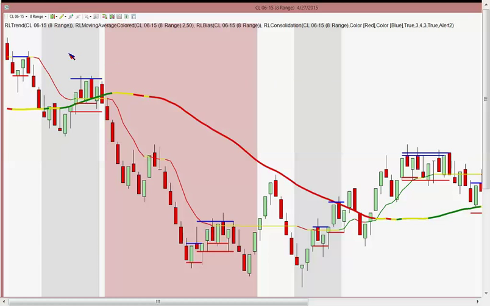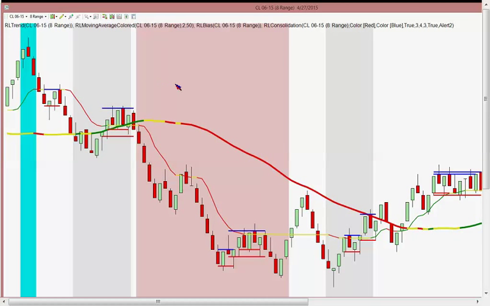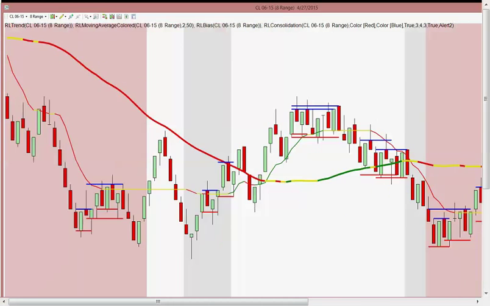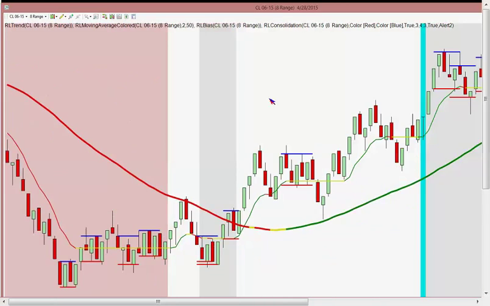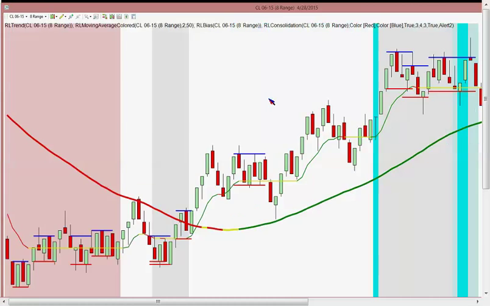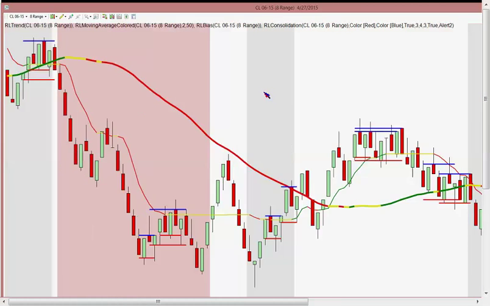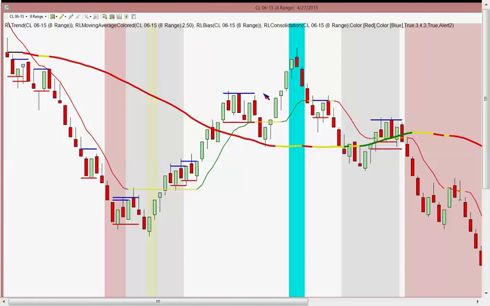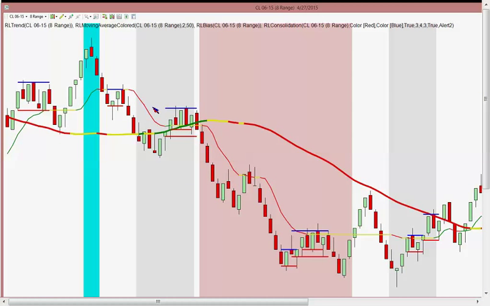A background bias to the downside occurs in three different shades of pink. There's dark pink, there's light pink, and then there's sort of this tan color. Now, this is a very, very unique indicator because it does not analyze any price action or data from the actual trading chart.